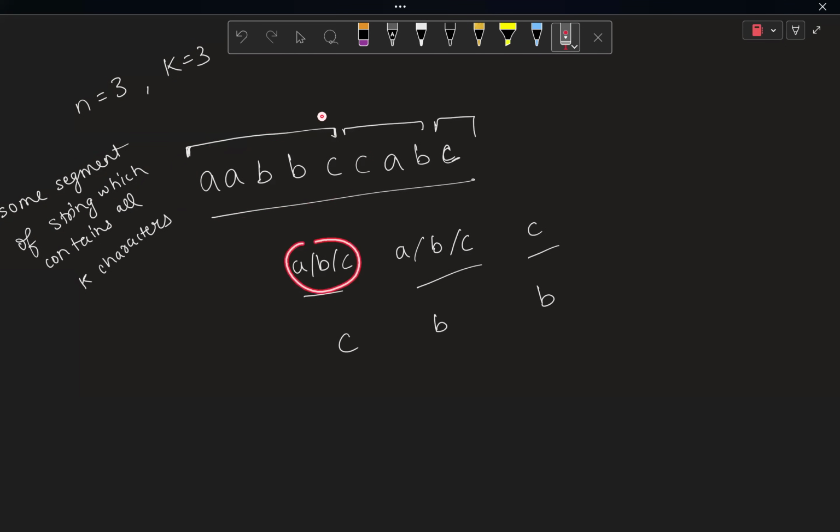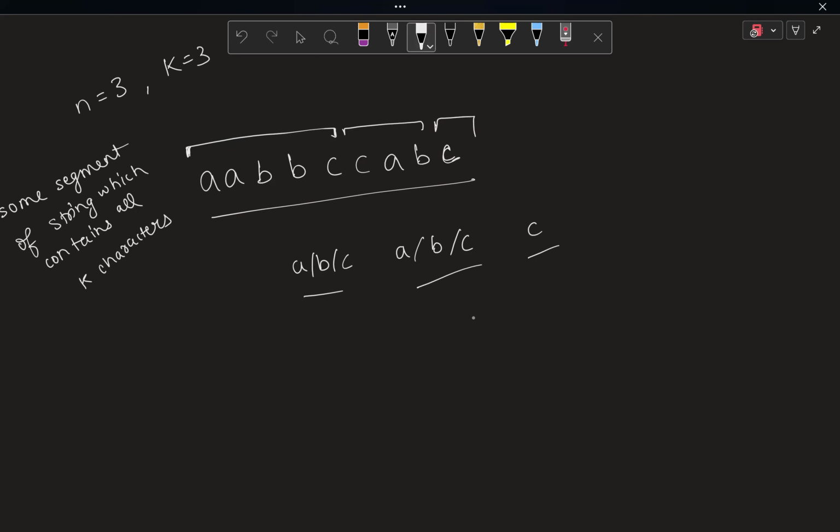So whatever the first character is, I can just pick up one of the elements from the first block. Then for the second element, we can pick up the desired character from the second block. And for the third element, if it is C, we can pick it up. But if it is something like B, we cannot pick it up from this block.